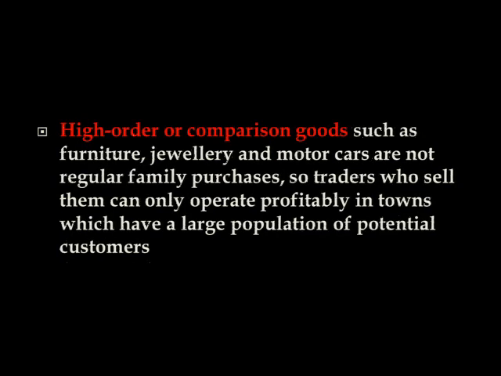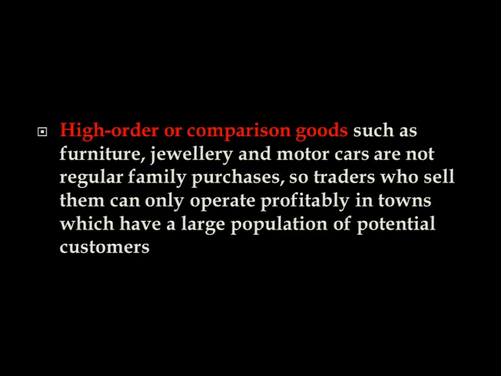But high order goods or comparison goods, such as furniture, jewelry, and motor cars, are not regular family purchases. You cannot really say you wake up every day, you buy a car every day. Buy a car for school and then after school go buy a car again to go home. No, you don't do that. These are called high order goods.